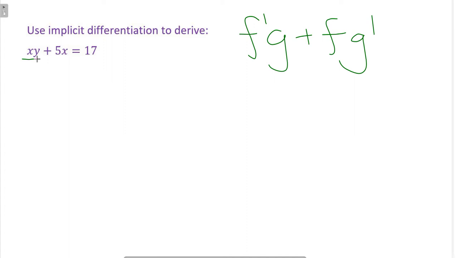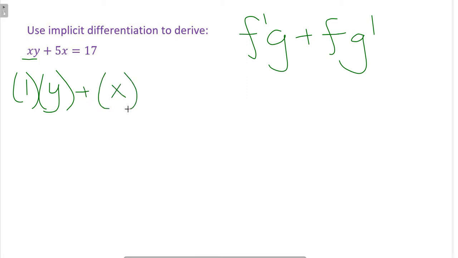So let's see. F is my x, right? And g is my y. So f prime, derivative of x, is just 1. And then we're just putting the g term. So we're putting y. Remember, I don't need a y prime here because I did not derive the y. I simply stated the y, the second factor in my product. Okay, so f prime g plus f g prime. Now I put x.